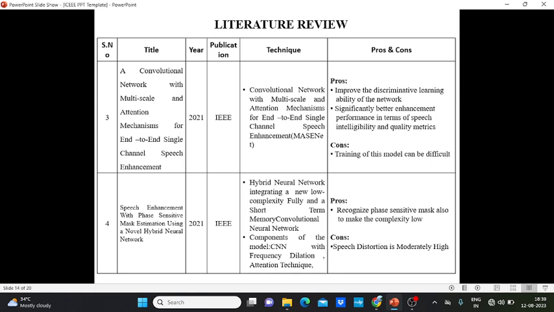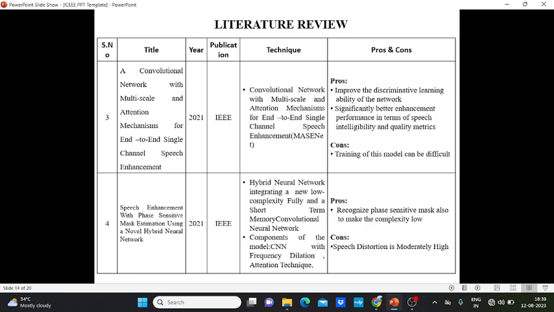So next one, a convolutional network with multi-scale and attention mechanism for end-to-end single-channel speech enhancement. The pro of this technique is that it improves the learning ability, but training of this model can be difficult.